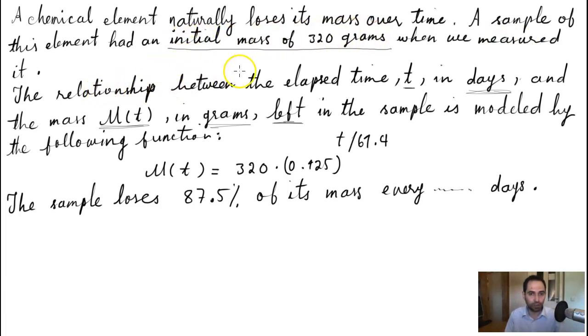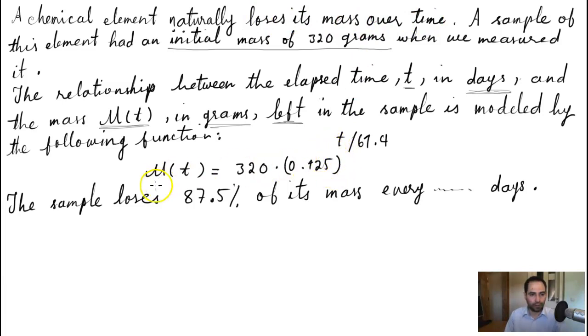The relationship between the elapsed time t in days and the mass m of t in grams left in the sample is modeled by the following function. So m of t is the mass of this element in grams left in the sample. The emphasis is on the amount left as a result of the element losing its mass over time.